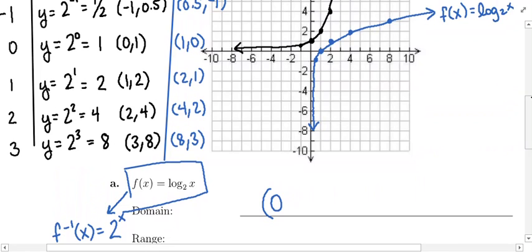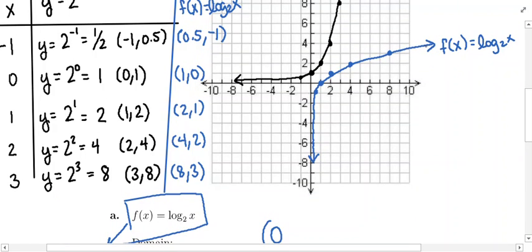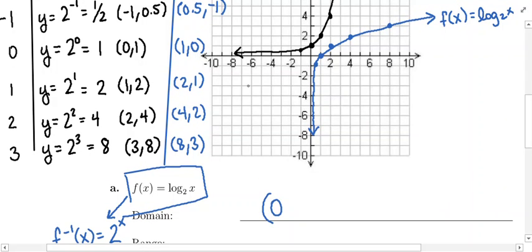Your rightmost point on the graph: well, the graph keeps going and going and going this way. If you follow my highlighter, it keeps going this way forever. So the biggest x value is going to be positive infinity. So your domain is all positive numbers. x can be any positive number.